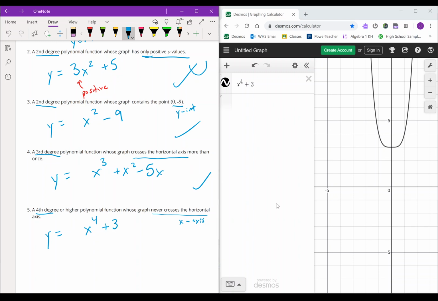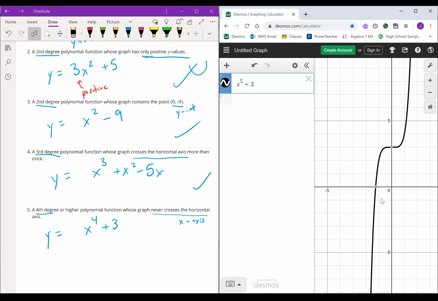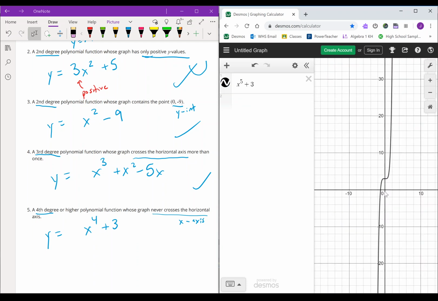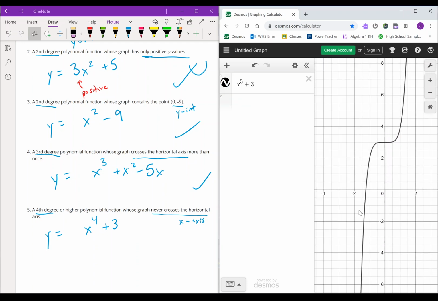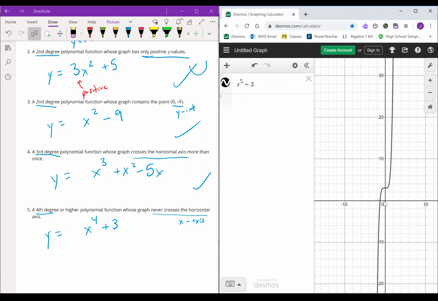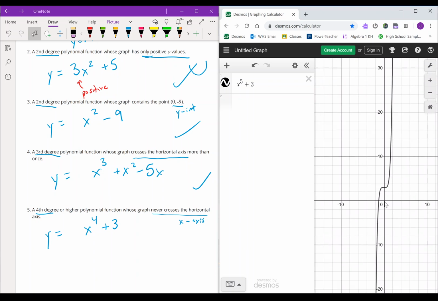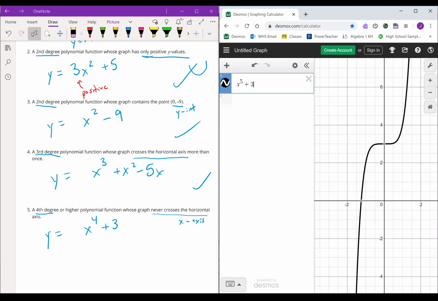Now I want to try one other thing here, because it said fourth degree or higher. Let's try x to the fifth. Now this one's not working, because this one does cross. It crosses right there. And actually it looks like this fifth degree polynomial goes down forever and up forever if I zoom out a lot. So it seems like no matter what I do at the end here, minus x squared plus 4x, right?